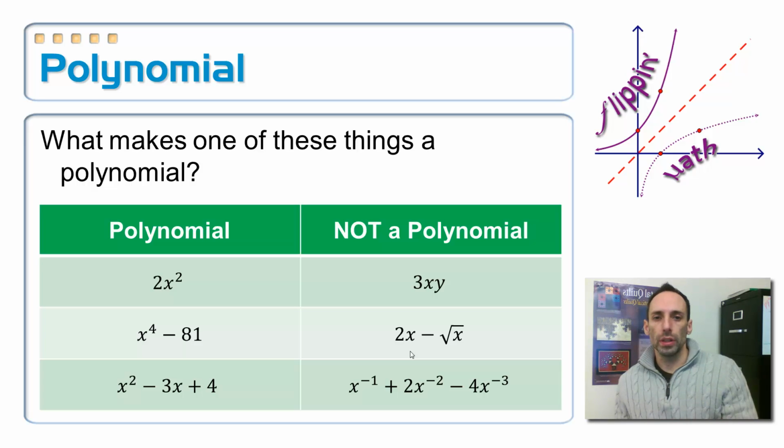And then the last one, look at that thing. It's an algebraic expression, but it has exponents that are negative integers. If I look at the polynomials, there are no negative ones. There are no square roots in there. And it's those kinds of things that make an expression a polynomial.